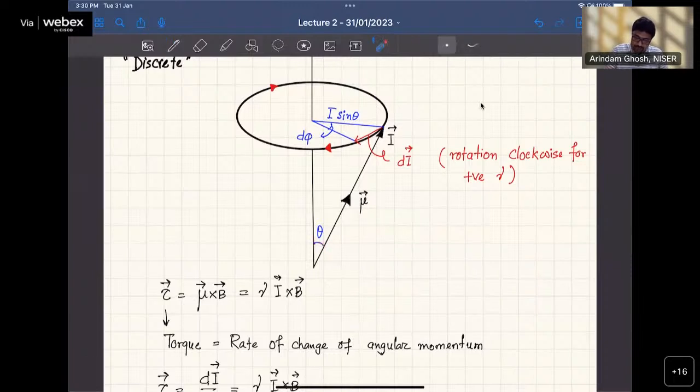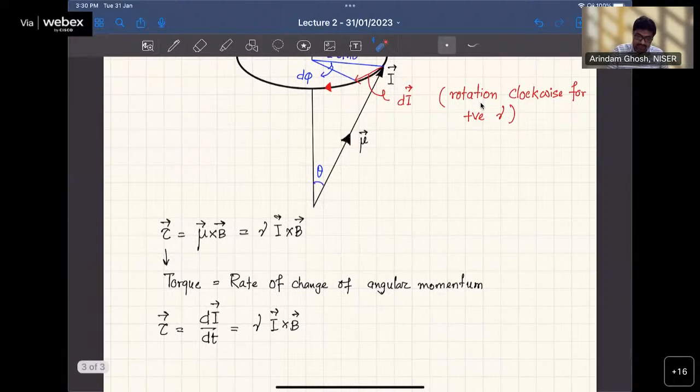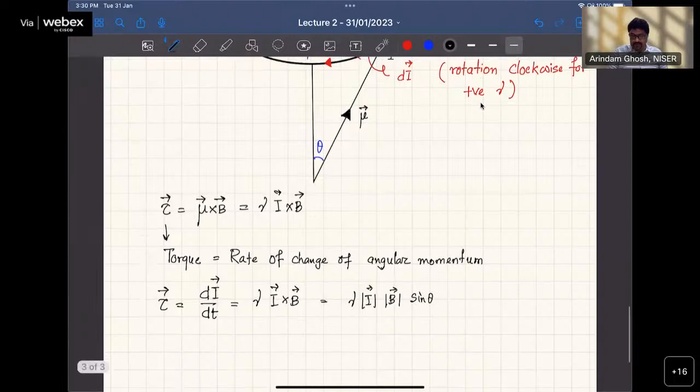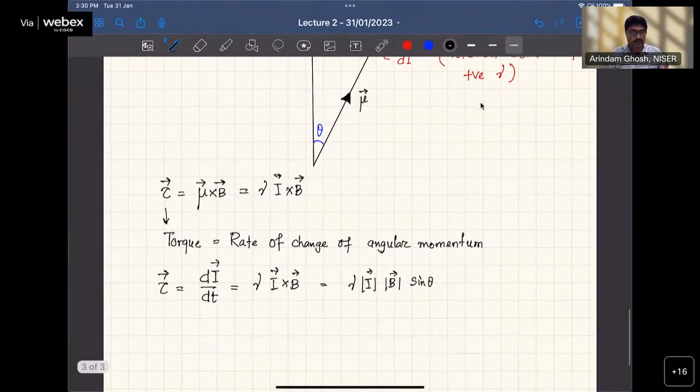Therefore the magnitude of I cross B is gamma times the magnitude of I, times the magnitude of B, times sine theta. That's because a cross product is the magnitudes of the two vectors multiplied by sine theta. So we have understood that tau is equal to gamma I B sine theta.